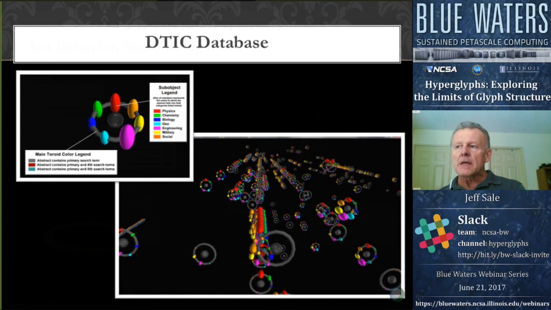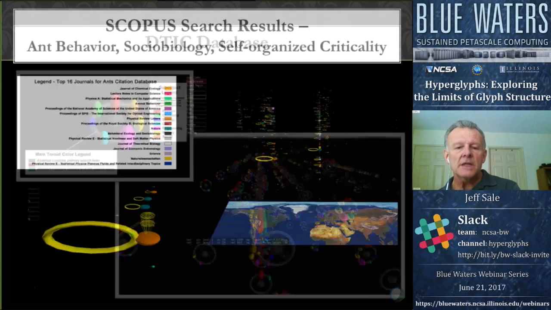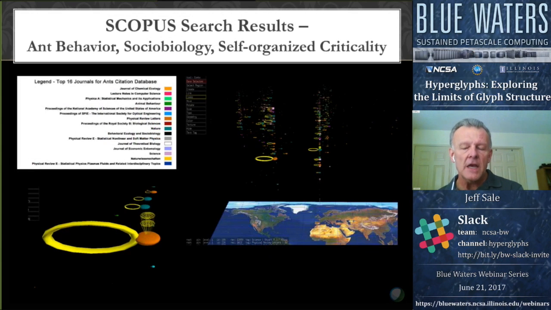And then the Defense Technology Information Center's database, which is a self-contained citation database hosted by the Department of Defense that has defense-specific types of citations in it. And my approach to this database is a little different than the one from the Scopus search results. Let's back up and look at this very briefly.